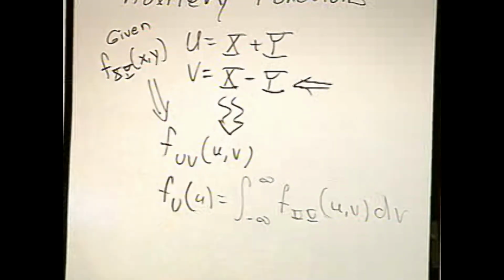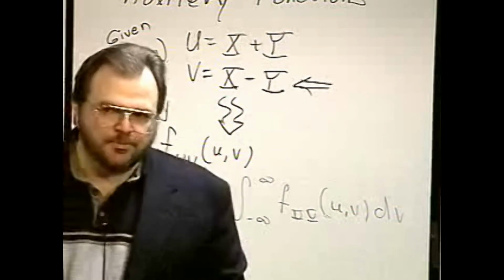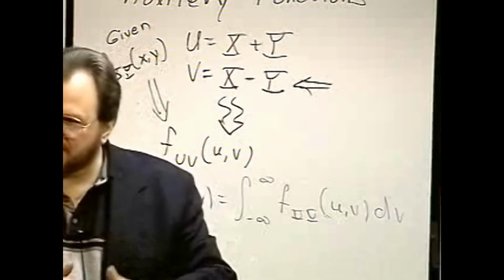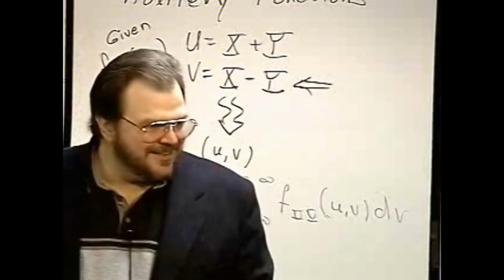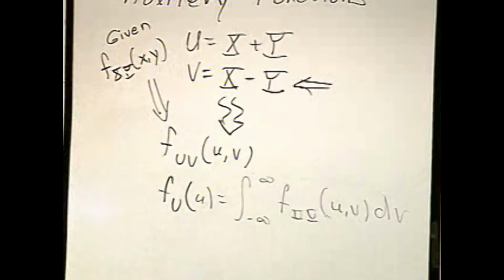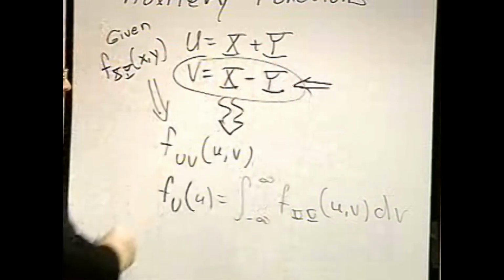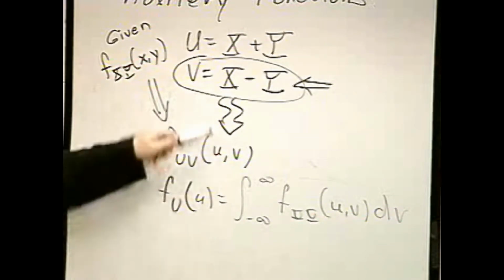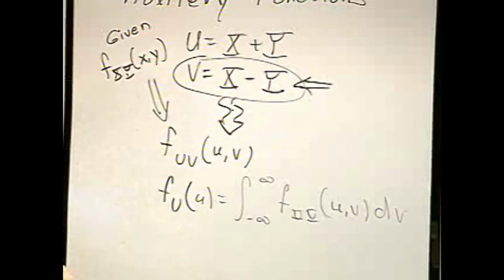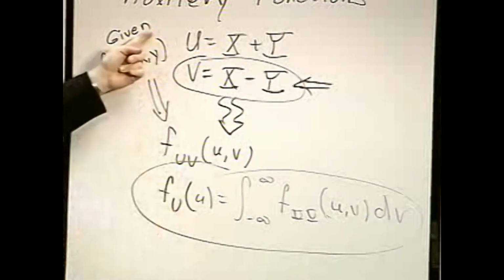In chemistry, they have the term catalyst: you put the catalyst in to help the reaction, and then when you're done, you take the catalyst out, and overall it has no effect. That's essentially what we're doing. We're putting this v in here as a catalyst to help the math. We work all the way down, and then we take the catalyst out right here to get our original function.